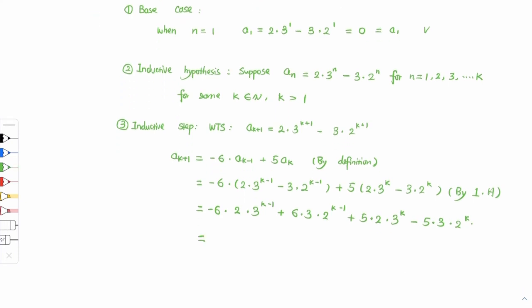Note that they're not the same yet, but I want to combine them. Negative 6 can be written as negative 2 times 3, so negative 2 times 2 times 3 times 3 to the k minus 1. And you can combine those two together, which gives you 3 to the k.